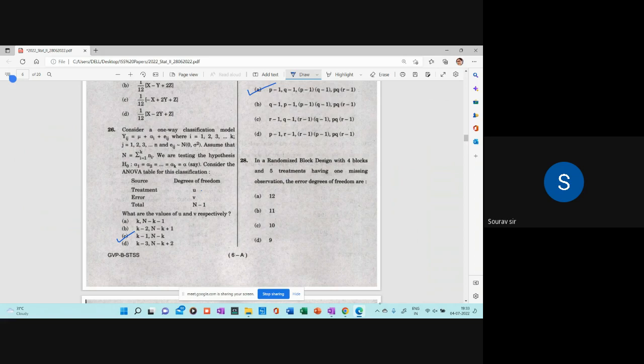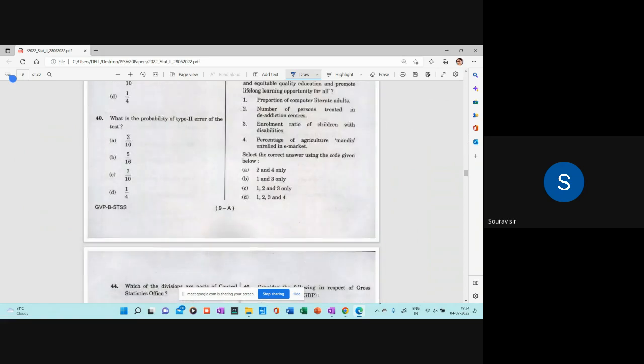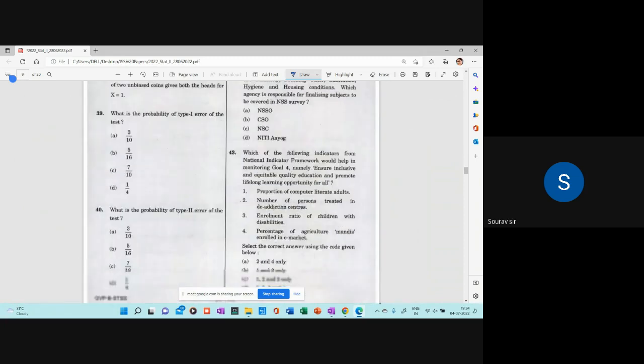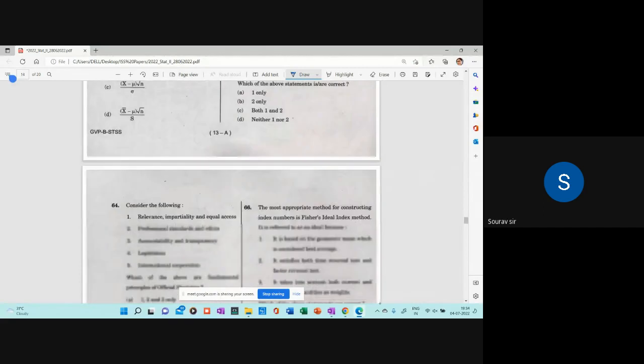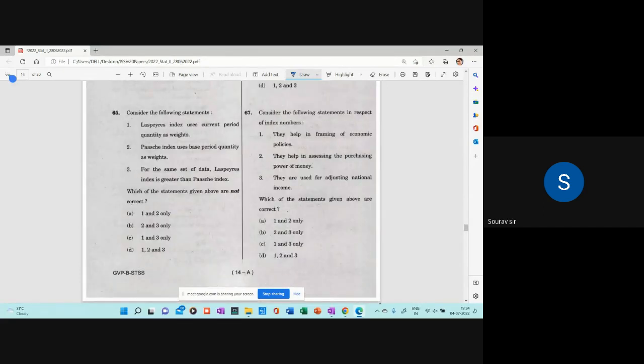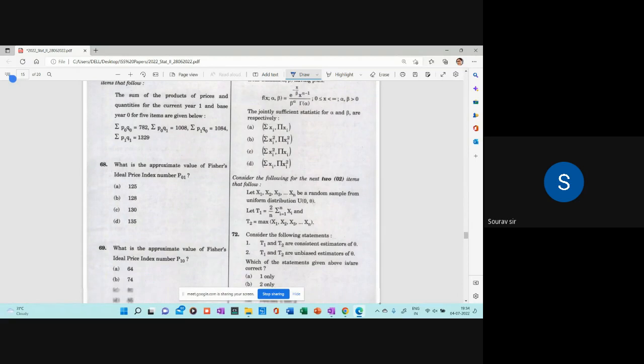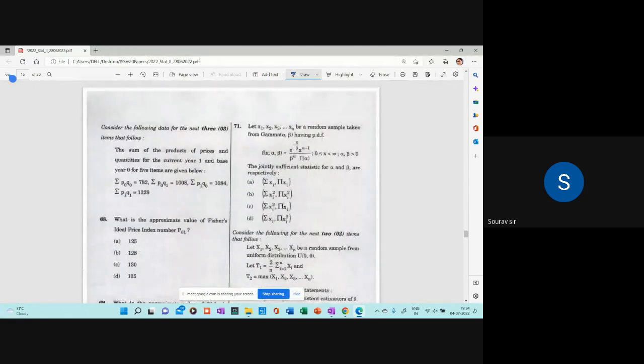Okay. So next we will move on to question number 68. For this question, we have some data, and we have to find the values of particular quantities.